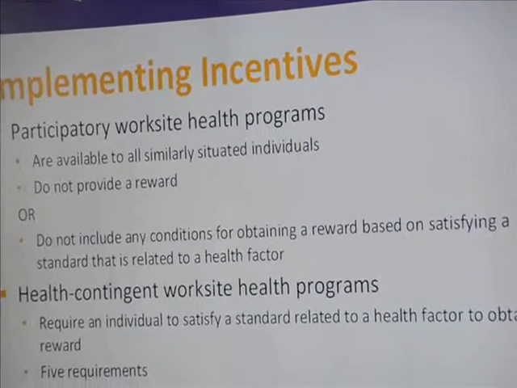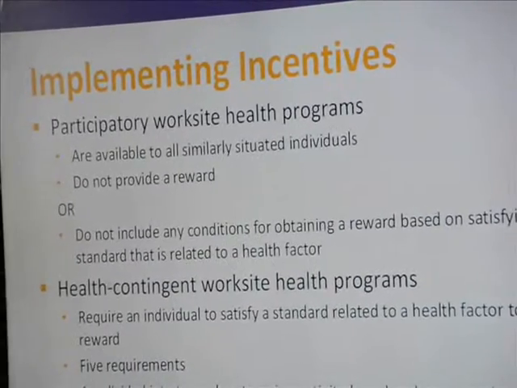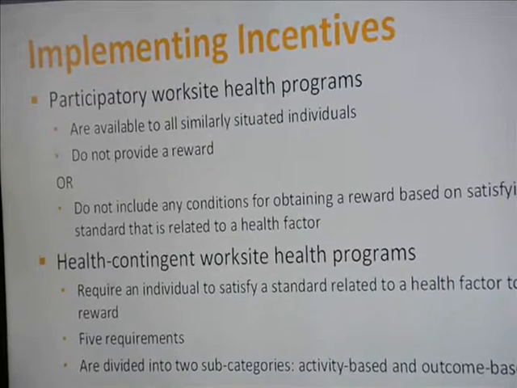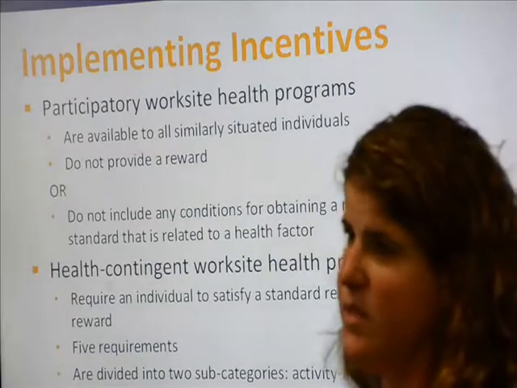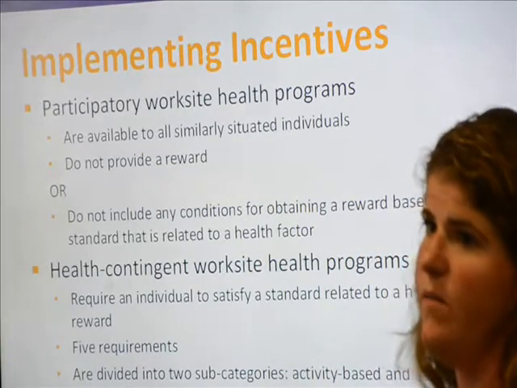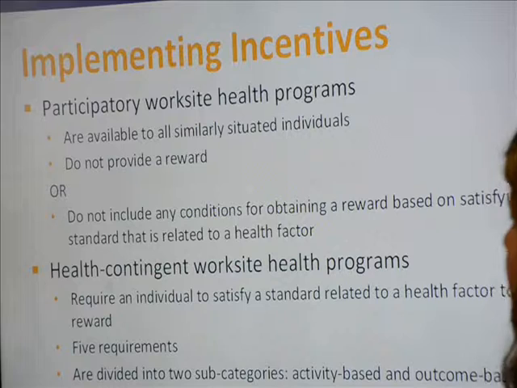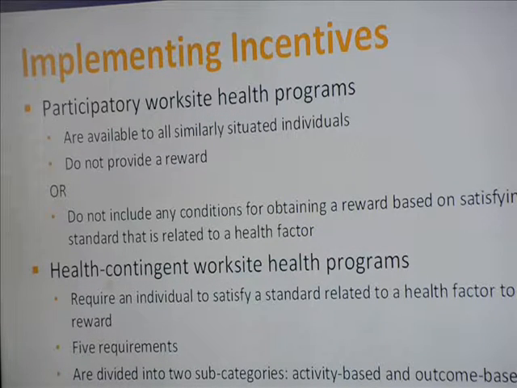So participatory is basically the person is voluntarily doing the wellness program. If you remember through UMass Lowell, they were doing a participatory program for their worksite wellness piece, and that's all online to access. And that does not provide a reward. So that's the difference between the other one, which is the health contingent worksite health program.